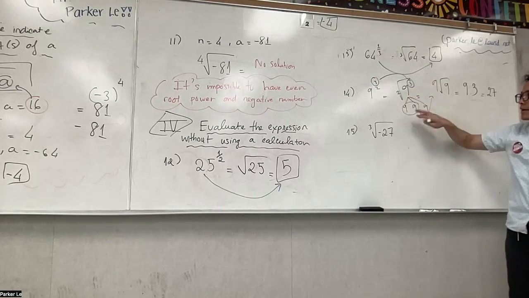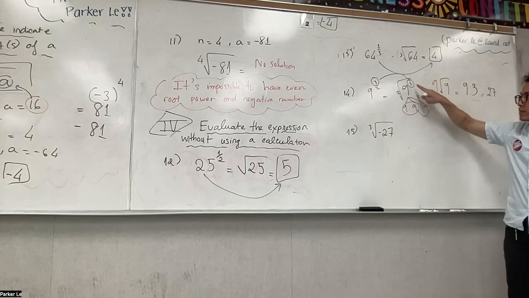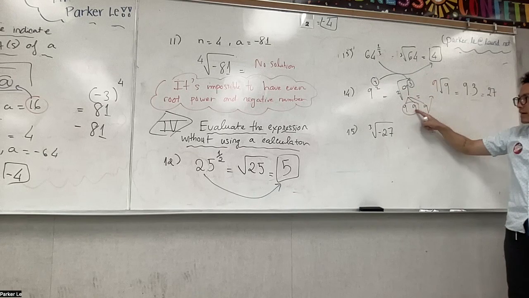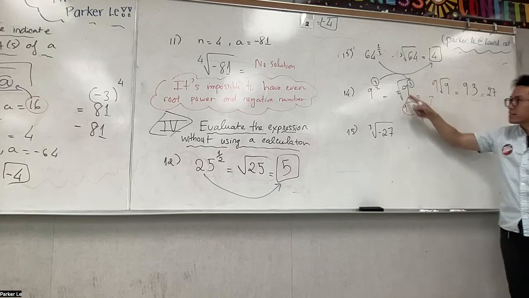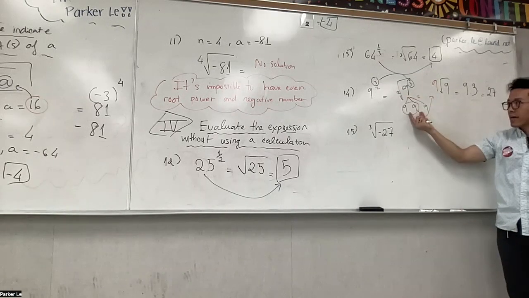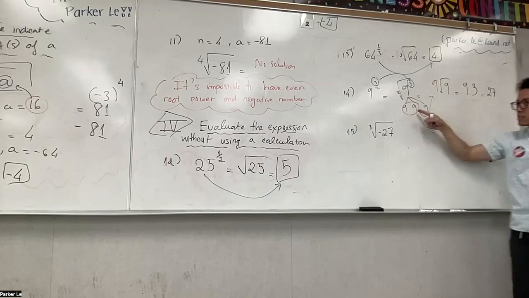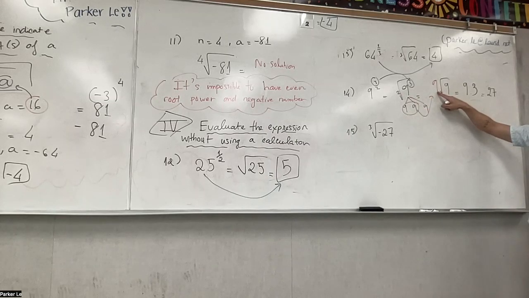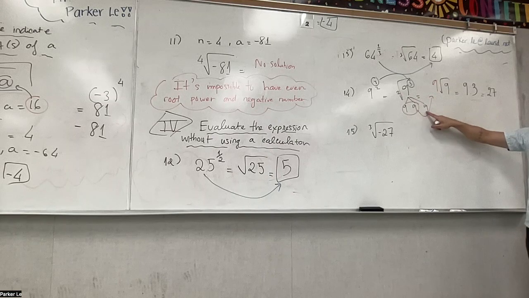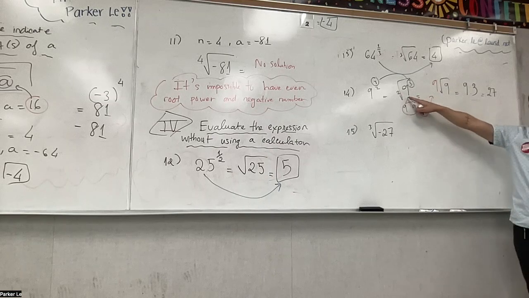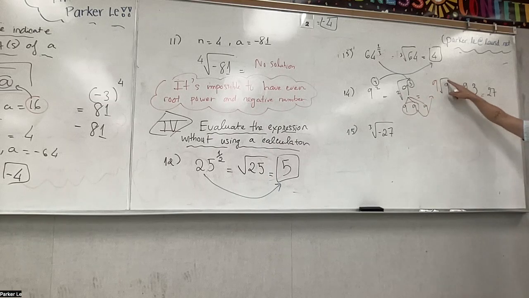Because of 2, I need 2 same numbers to go out, right? 9 cubed, I rewrite it like 9 times 9 times 9. Then I'm looking for 2 same numbers. Yes, I do have 2 same numbers, 9. The 2 same numbers go out as 9. I have 1 number 9 left over that stays inside the square root.